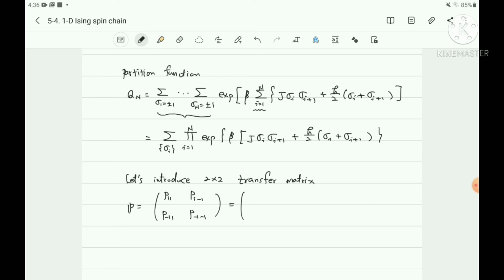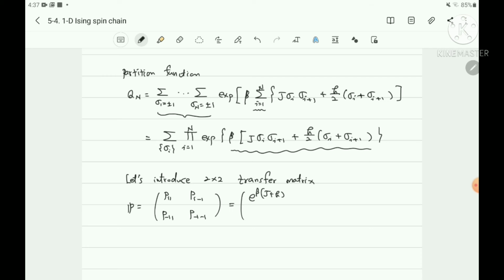In this case, the spin up state here. When we think about this field argument, for the spin up system, sigma_i and sigma_(i+1) are also plus 1. Therefore, it is exponential of beta J, and plus sigma_i plus sigma_(i+1), which is 2, divided by 2, is h, so beta (J plus h).